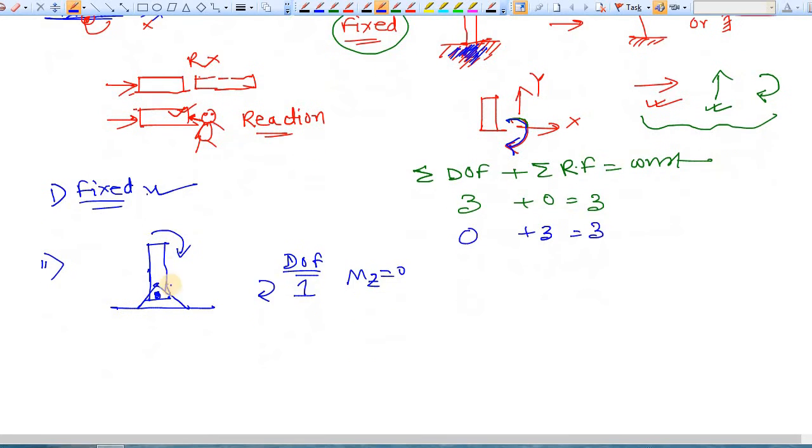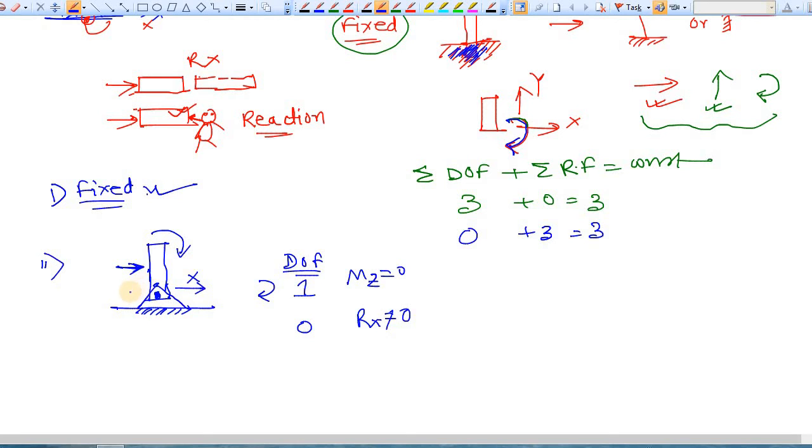Now if a load is applied on this body and this support is fixed to the ground, there is a pinned support or pinned connection, so it cannot move towards this direction, the x direction. It cannot move, which means there is a reaction, so along the x axis there is a reaction. So it is not equal to 0, and the degree of freedom along x is 0.